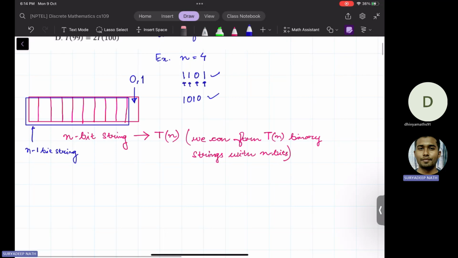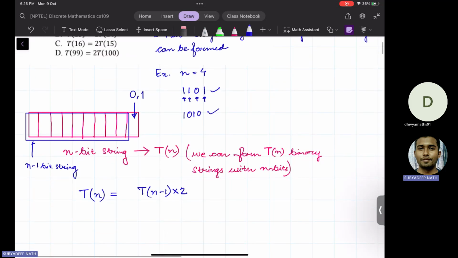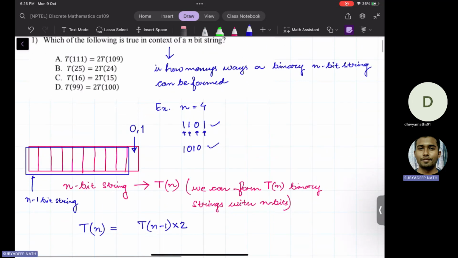So the recurrence relationship becomes: tn, the total number of binary strings we can form, is tn minus 1, leaving one of the bits, and for every tn minus 1 we have 2, because of the two choices 0 and 1. So tn becomes 2 times tn minus 1.